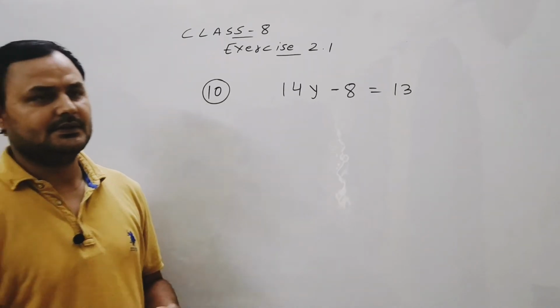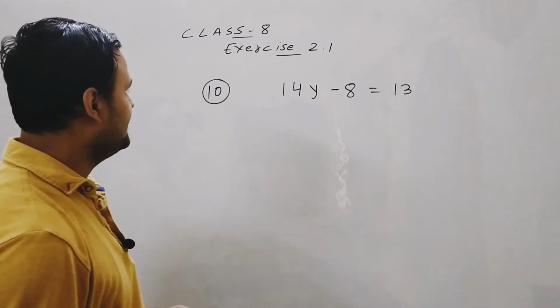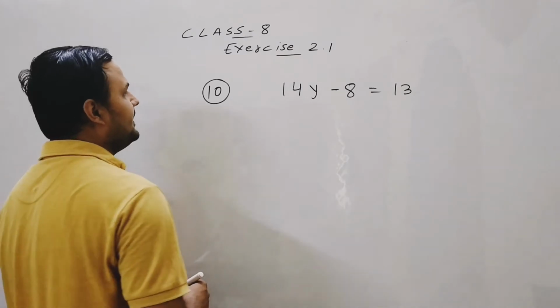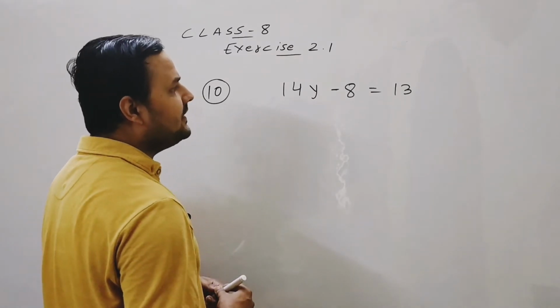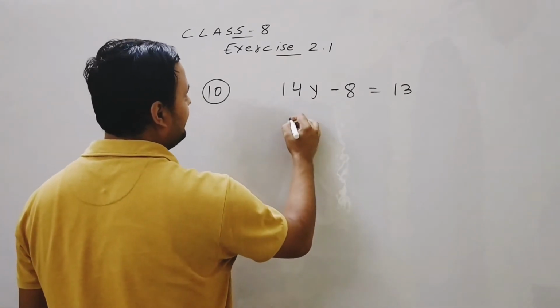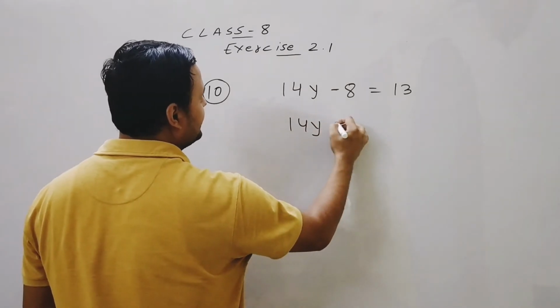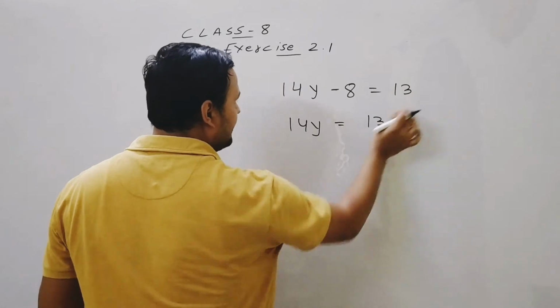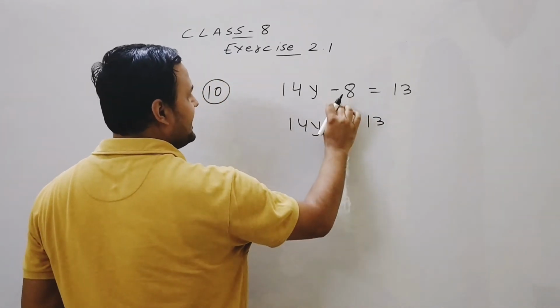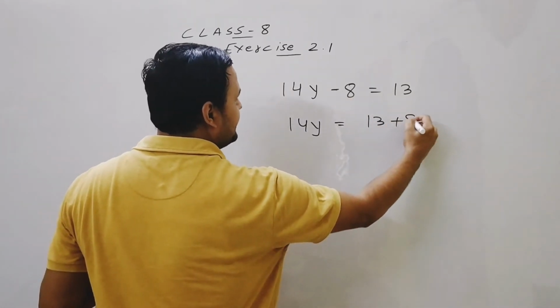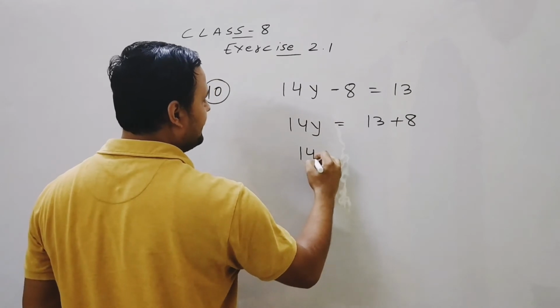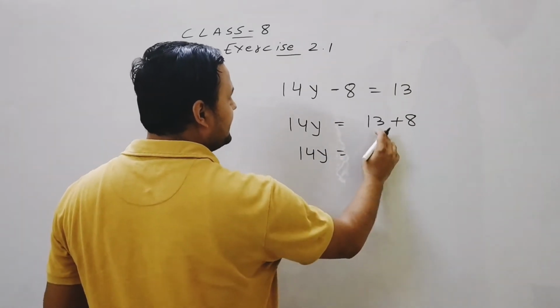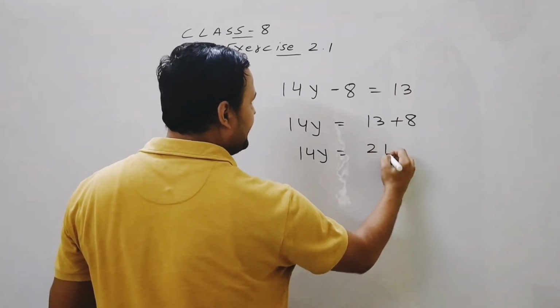Next question, question number 10. 14y minus 8 equals 13. So I will keep 14y on the left hand side, and 13 is already on the right hand side. This minus 8 will come this side, so plus 8. Now 14y equals 13 plus 8, that is 21.